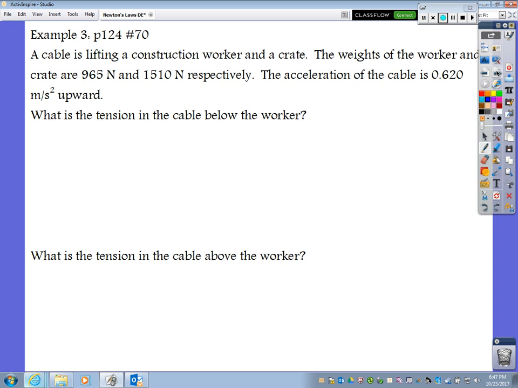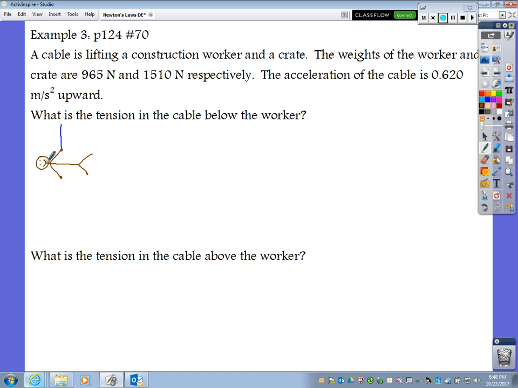So I'm going to draw this in a funny way. I think it's easier to see what's going on, and it's funny. So I'm going to draw the worker holding on to that cable and kind of just hanging here. He's happy though.